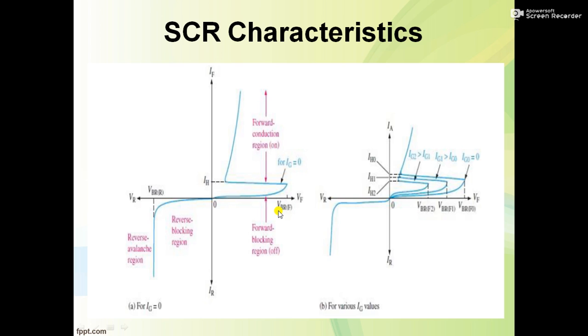VBR is the forward breakover voltage. From 0 to the VBR point, as VF increases, IF also increases by a very small amount, and that region is called the forward blocking region.